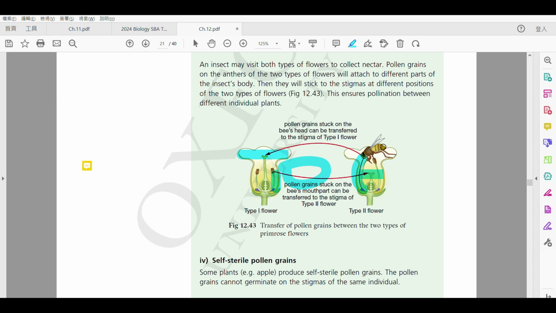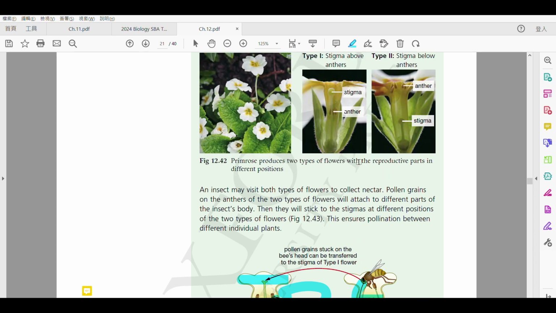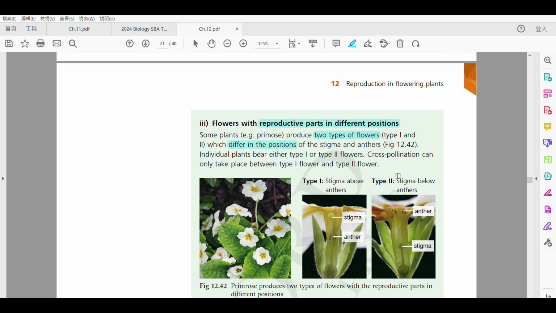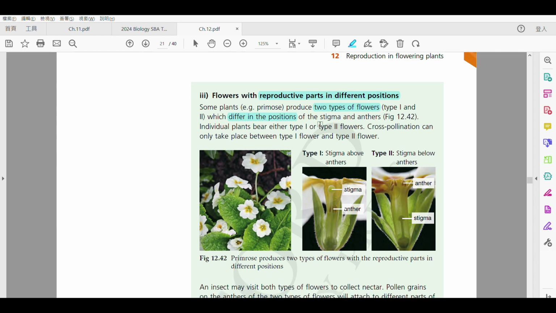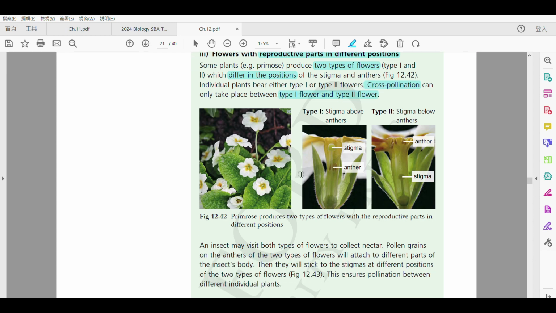So it really depends on the location of the carpel and stamen. Okay? So let's underline some key points, alright? Since they have different types of flowers, right? Cross-pollination will be carried out between type 1 and type 2 flowers. So you can look at these two diagrams.